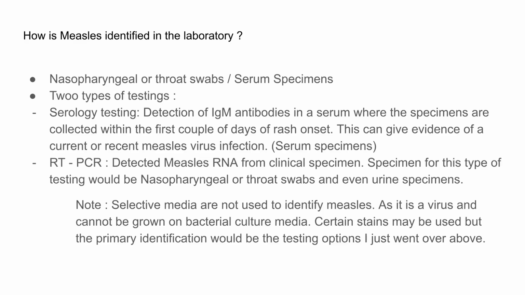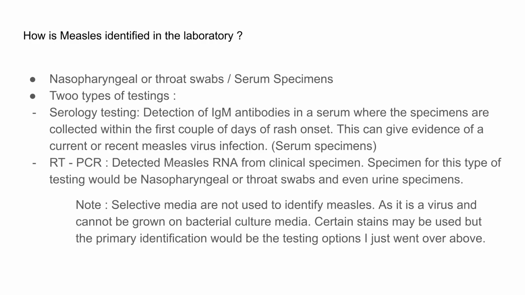And then you have your RT-PCR or real-time PCR testing, and that is detecting measles RNA from your clinical specimens. So, your specimen for this type of testing would be nasopharyngeal or even throat swabs, and also even urine specimens. However, for the most part, nasopharyngeal and throat swabs are the most used.